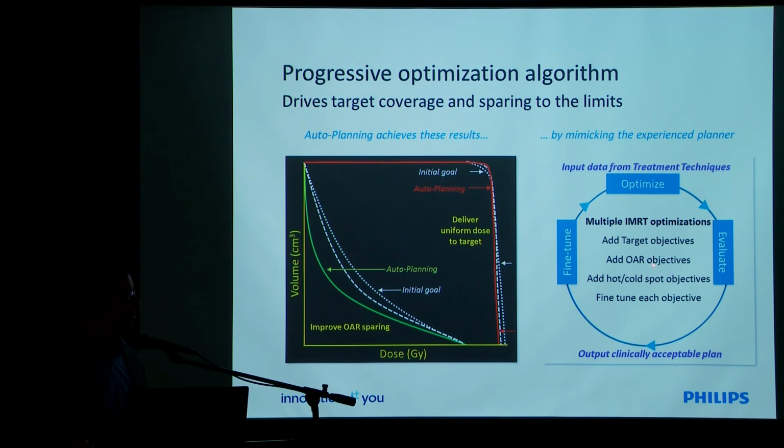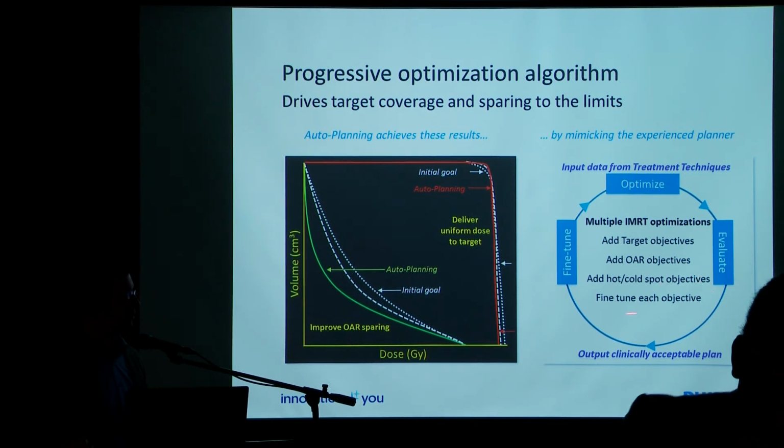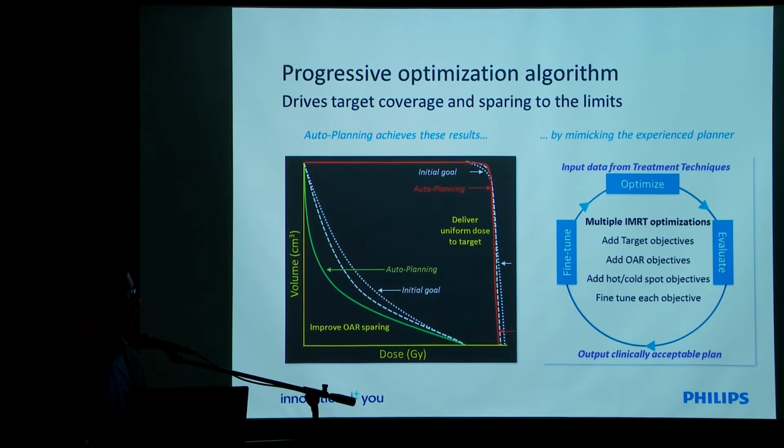Sparing risk organs, adding OAR objectives, region of interest objectives, adding hot spot and cold spot objectives, fine-tuning each objective, and running the optimizer multiple times. So it's very iterative. Auto planning pushes to get a very sharp and uniform target dose coverage, and is always pushing to spare OARs.